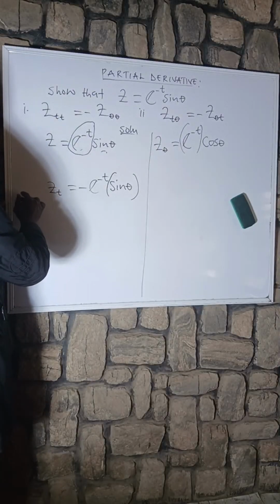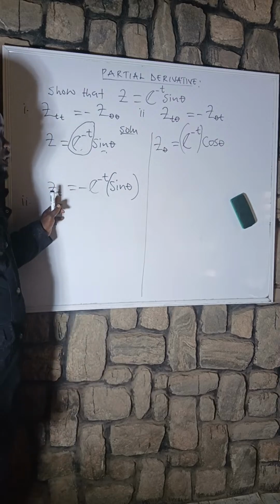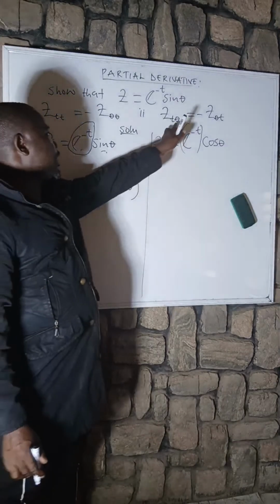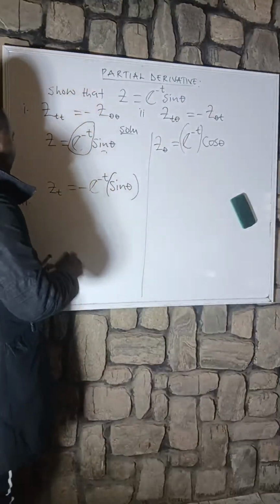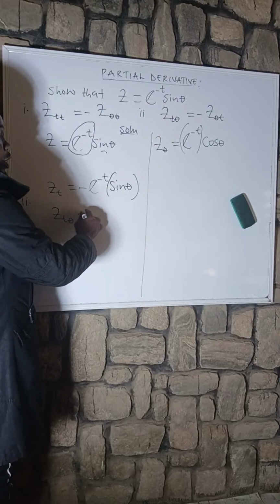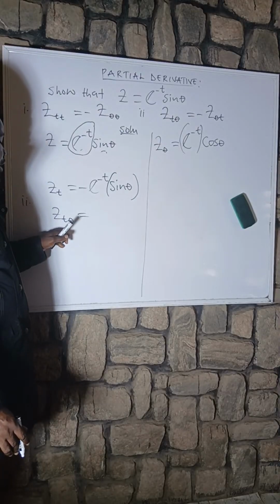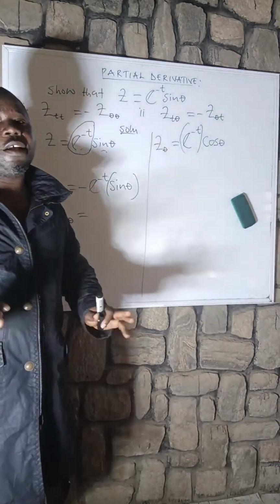Here, the II is talking about, we'll start using this one to obtain z subscript t theta. So it means our z subscript t theta is equal to, you are to differentiate this function with respect to theta.